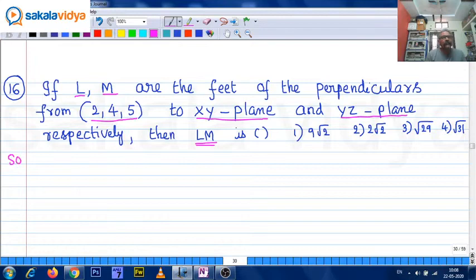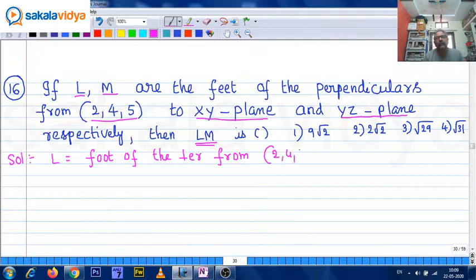Solution first. L equals to foot of the perpendicular. Foot or projection are same. Foot of the perpendicular from (2, 4, 5) on xy plane.